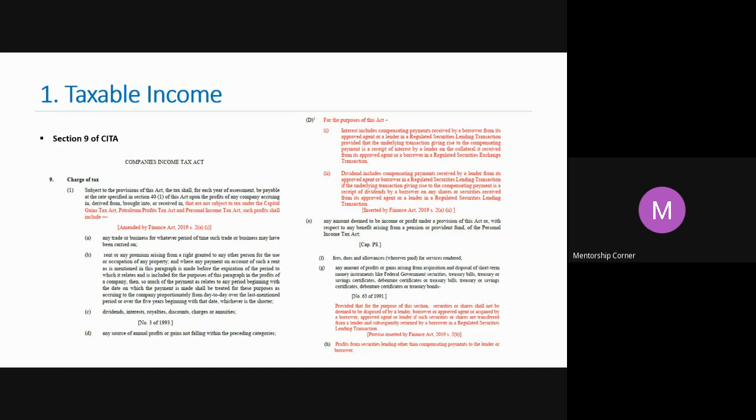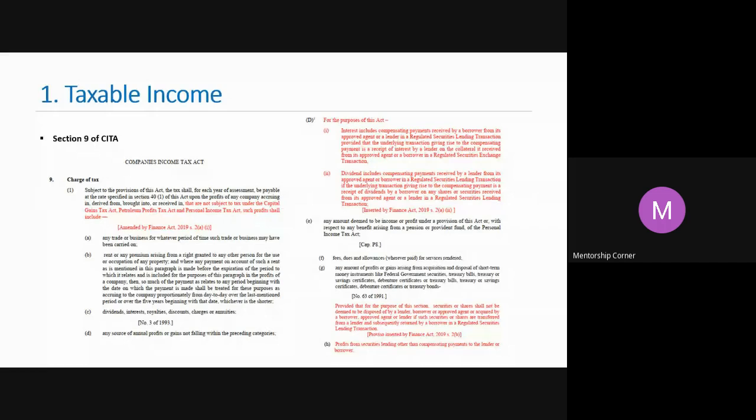Number two, we have rent or any premium arising from a right granted to any other person for use or occupation of any property. In simple terms, where you have rental income. Some of us who did CIT before would have learned some of these things. They call them taxable incomes.